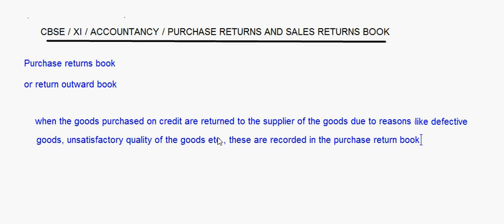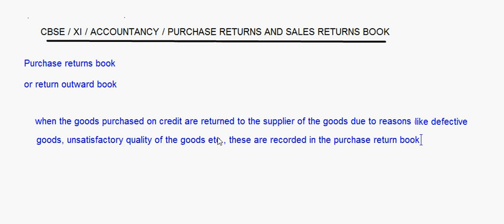So that's why it is called a debit note, right? So the debit note number is the basis on which this purchase returns book is made, right? Like in the purchases book and sales book, you have an invoice number. Here you will have a debit note number, on the basis of which we will be recording the entries, right?